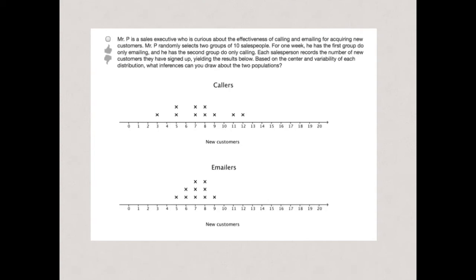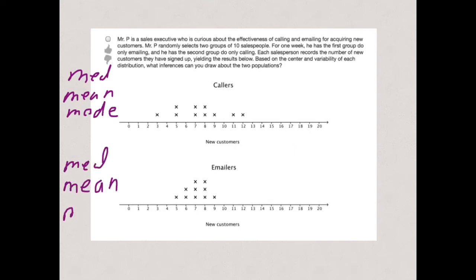So, if I find median, mean, and mode for all 3, what information can I get from there? Well, let's see. If I find mode, I have 5, 7, and 8.